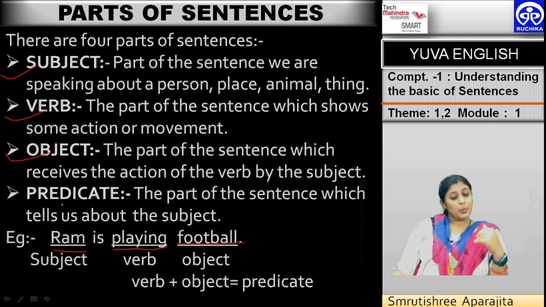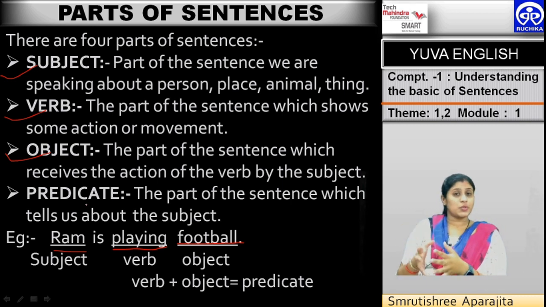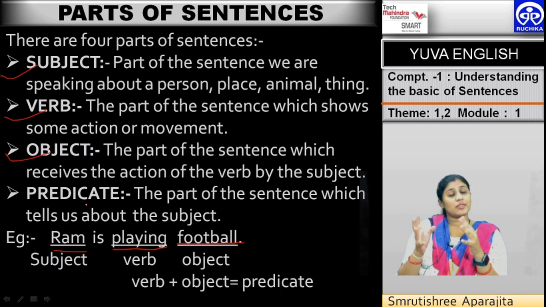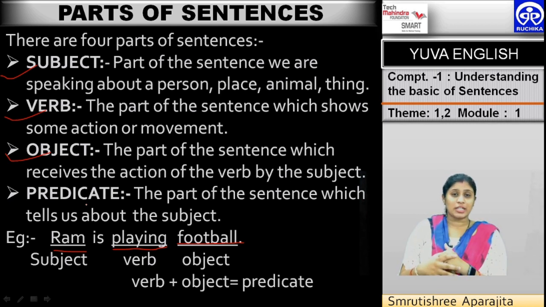Now, when the verb and the object are added, the verb plus our object gives us our predicate. You might have heard about it in your day-to-day English classes, your teachers might have said this to you. So there are 2 parts of a sentence, one is subject and one is predicate.